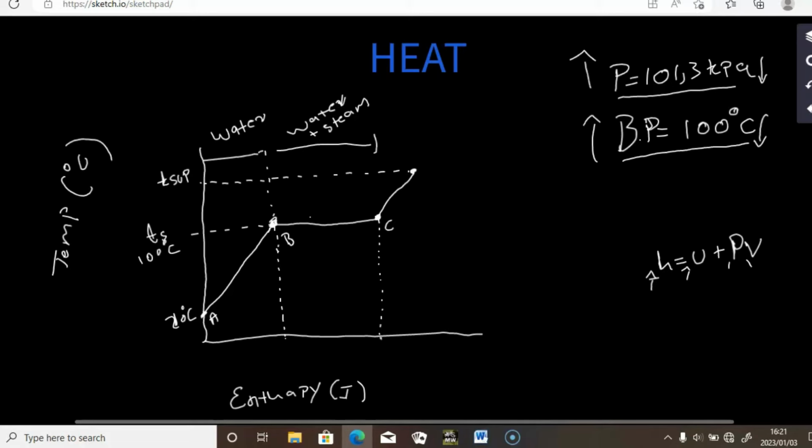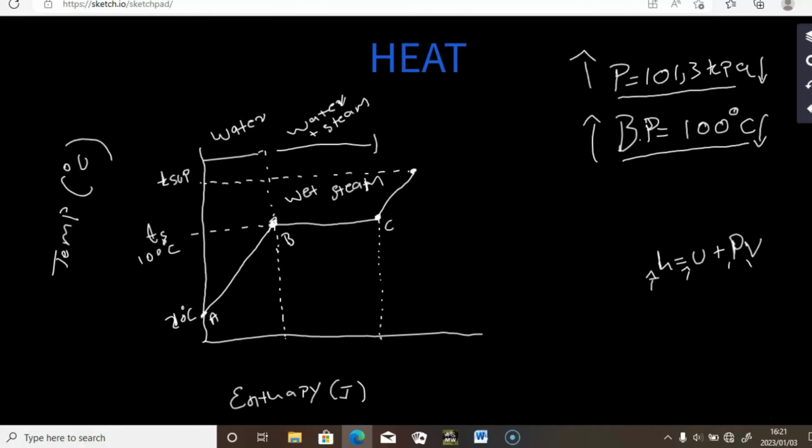The name that we use for this kind of steam is called wet steam. The reason why we say it's wet steam is because the steam that we have here still contains water droplets. Therefore, it is wet steam, indicating that there is water and steam inside that mixture.